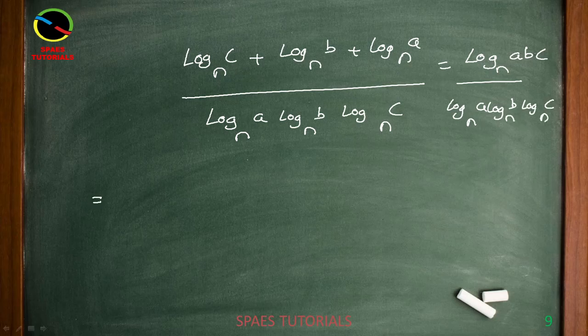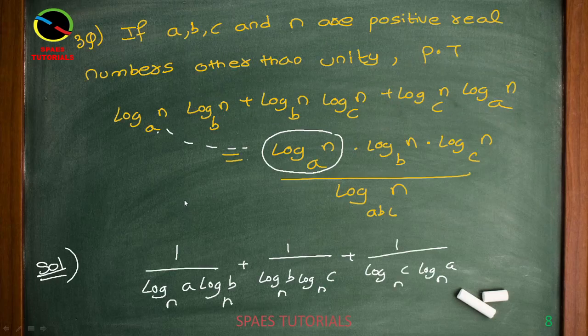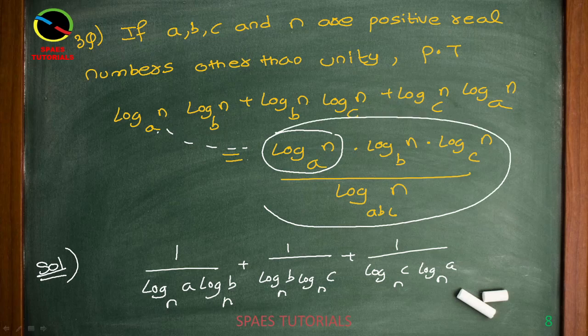Now students, if we observe what is given in the question, in the question this log n base ABC is in the denominator, so your RHS has to be this expression. Fine, now let's go ahead.